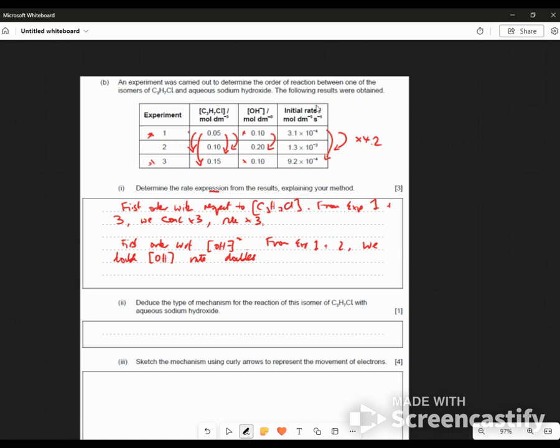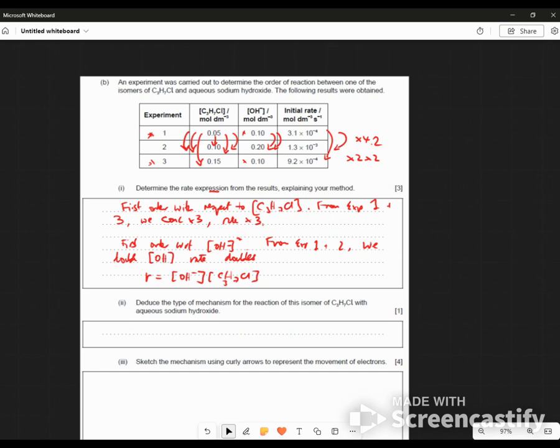So this change from there to there is a doubling, and that's going to affect the rate by times 2, and therefore this doubling is going to affect it by the other times 2. So it's first order with respect to both of them, and therefore the rate equation is rate = k[OH-][C3H7Cl], first order with respect to both of them.